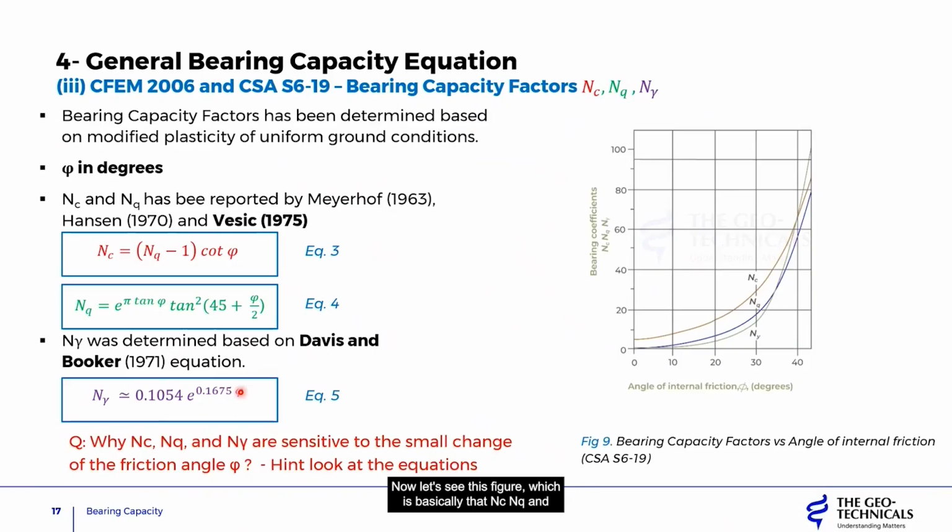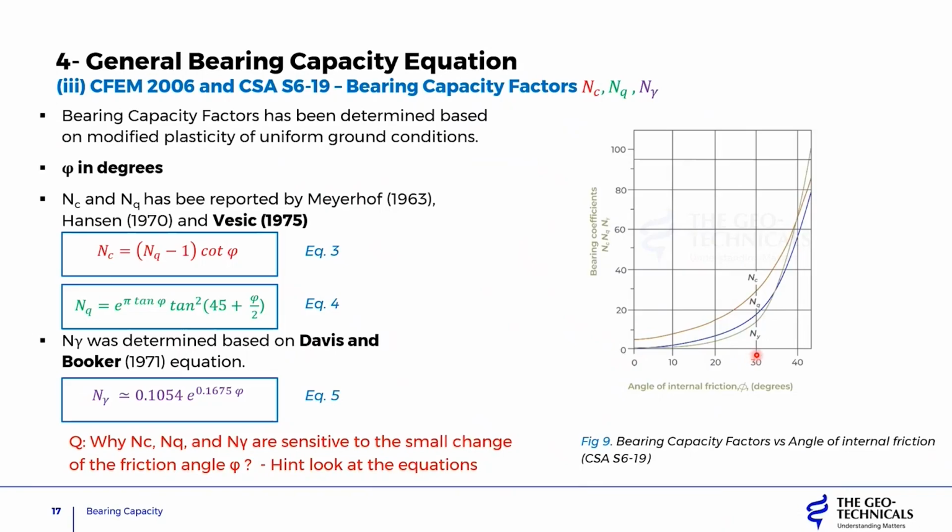Now let's see this figure, which is basically Nc, Nq, and N gamma. Again, you can just substitute in this equation. So if you have phi equals 0, that's why I'm saying it's a function of phi, at 0 you will get Nc equal to, that's to be memorized, 5.14 or 5.1, and you don't have Nq and N gamma.